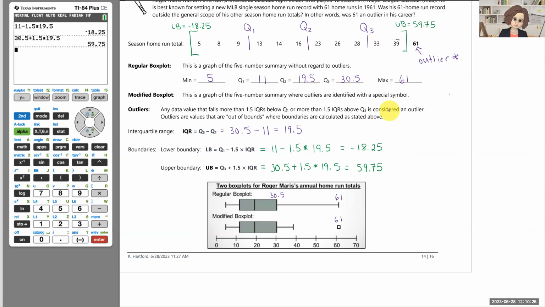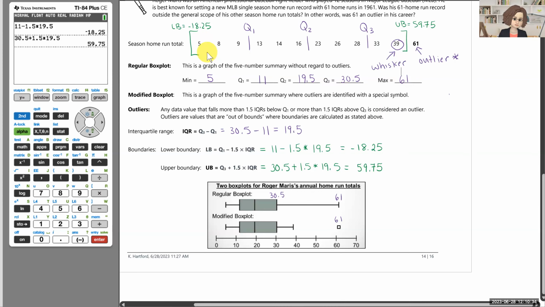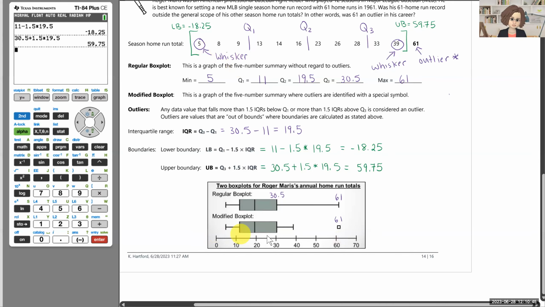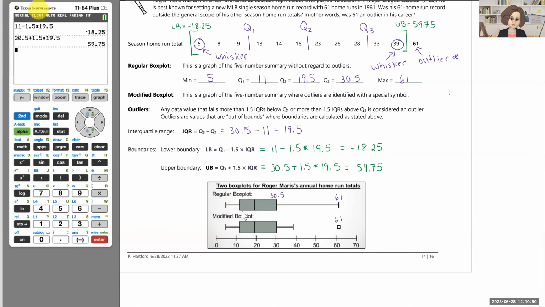So I'm just going to circle it here. So the highest number that's not the outlier becomes your whisker. And on the low end, the 5 there, because there is no outlier on the low end, that's going to be your lowest value still. So that's still your whisker on the left. So on the modified box plot, left whisker didn't change. We don't change Q1, Q2, Q3, but if we do have an outlier, that whisker now ends at 39.